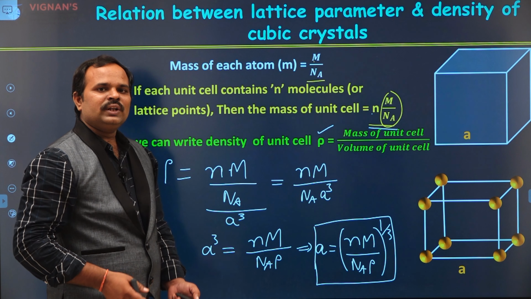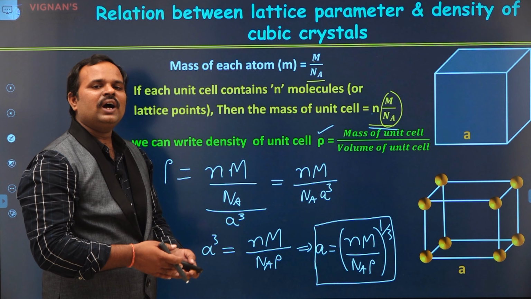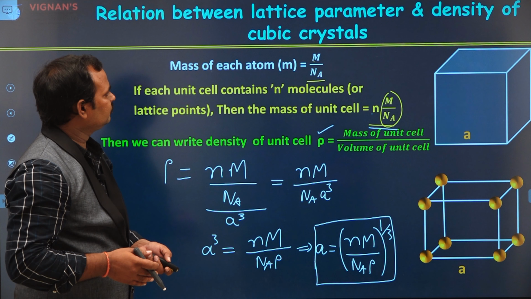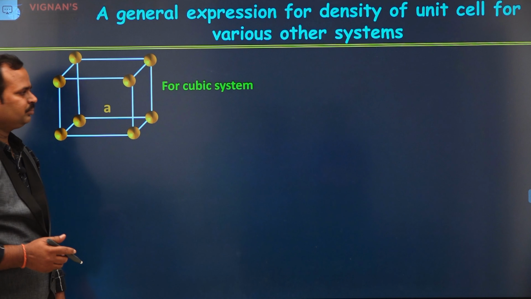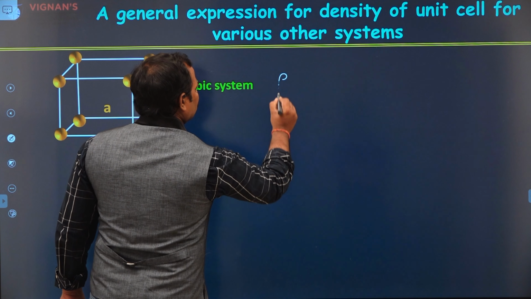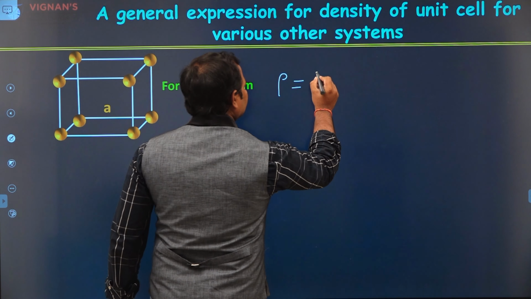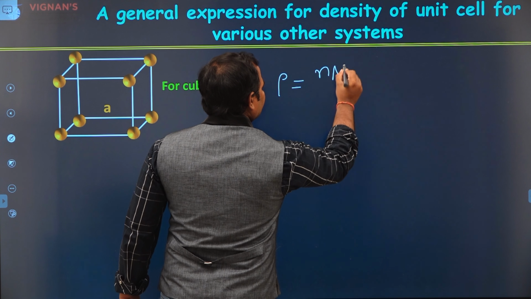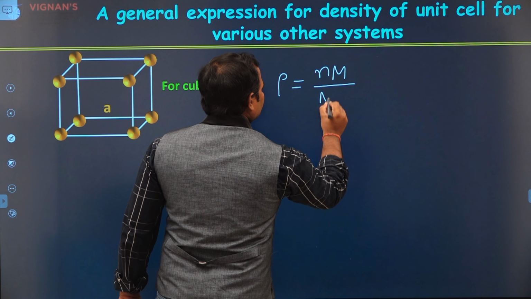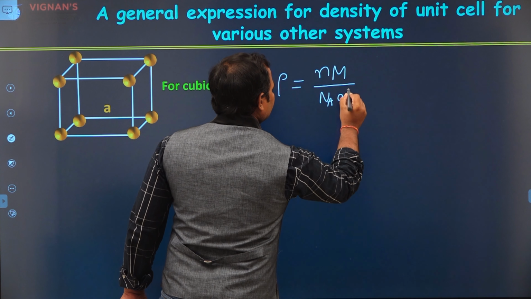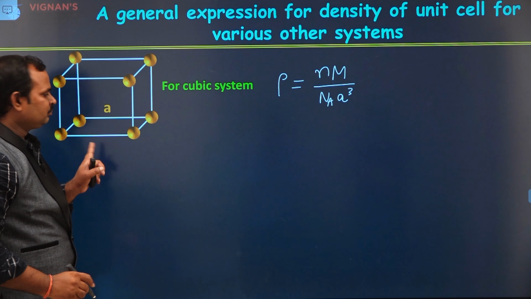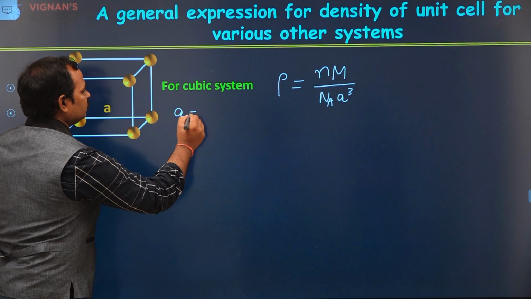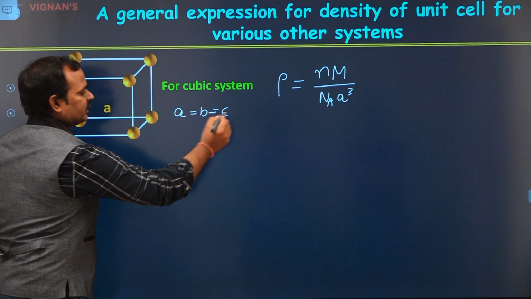Now let us extend this discussion to other orthogonal systems. In general, we can write for the cubic system, rho is equal to nM by Na a cube, since for a cubic system, a is equal to b is equal to c.